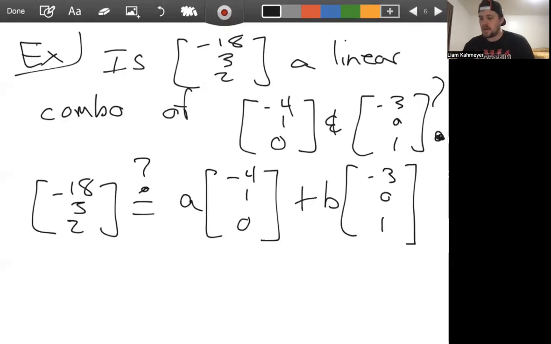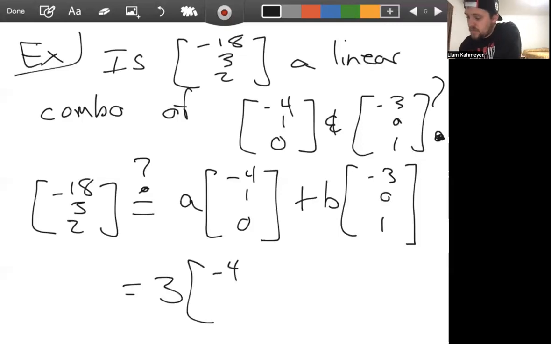And now you're asked, do A and B exist, right? Well, this one's relatively simple. It's almost by inspection. You can see that A would need to be 3 here, and B would need to be 2, because you'd have -12 minus 6 would give you -18 for the first entry.